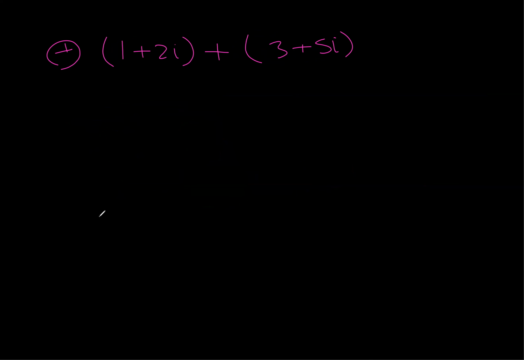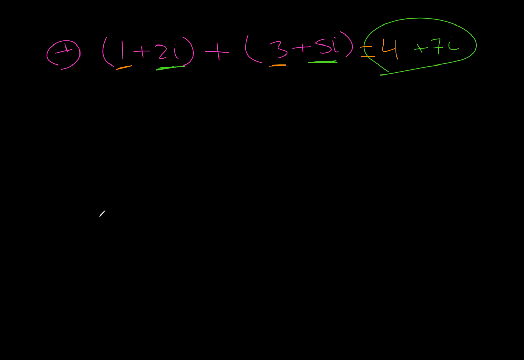Just add what is real with what is real, and the result will be real. 1 with 3 is going to be 4. Done. I finished what is real. And now add what is imaginary with what is imaginary. 2i with 5i is going to give you 7i. And that's the answer. So a complex number plus a complex number will give you a complex result. This is for addition.